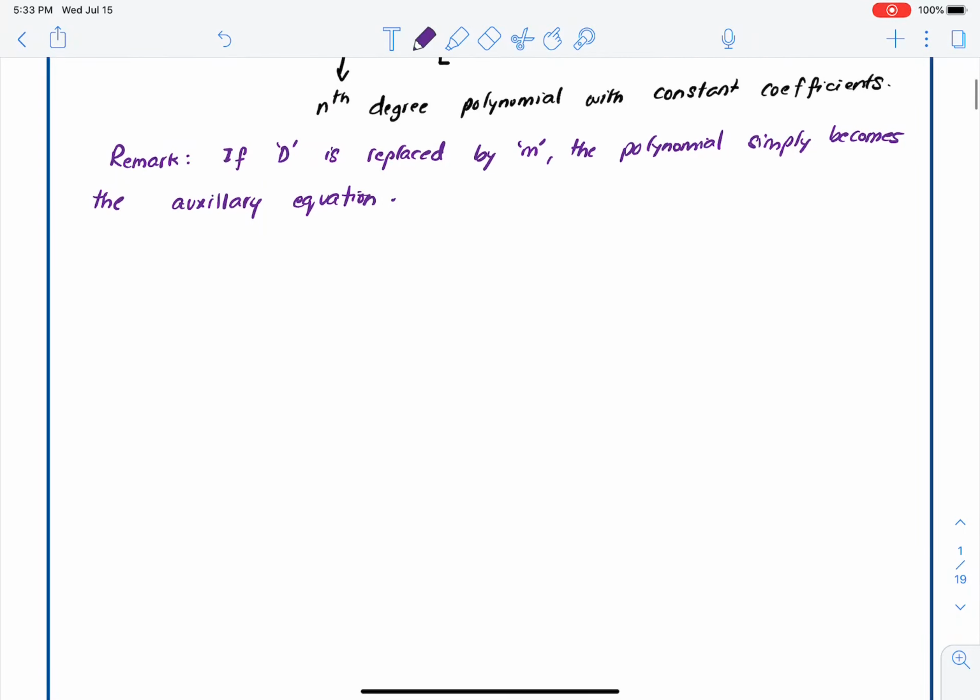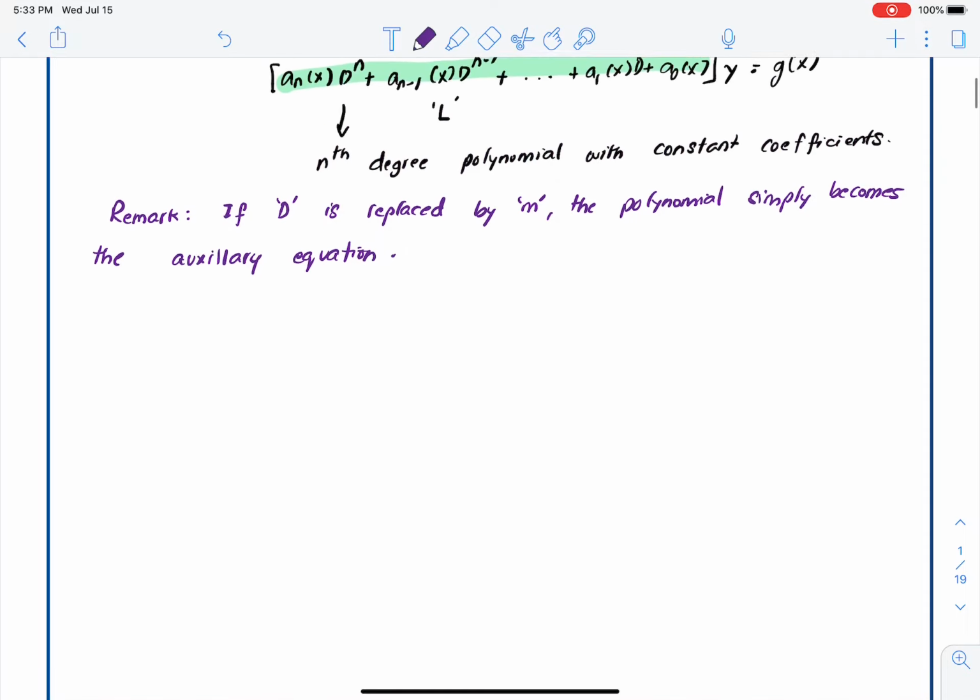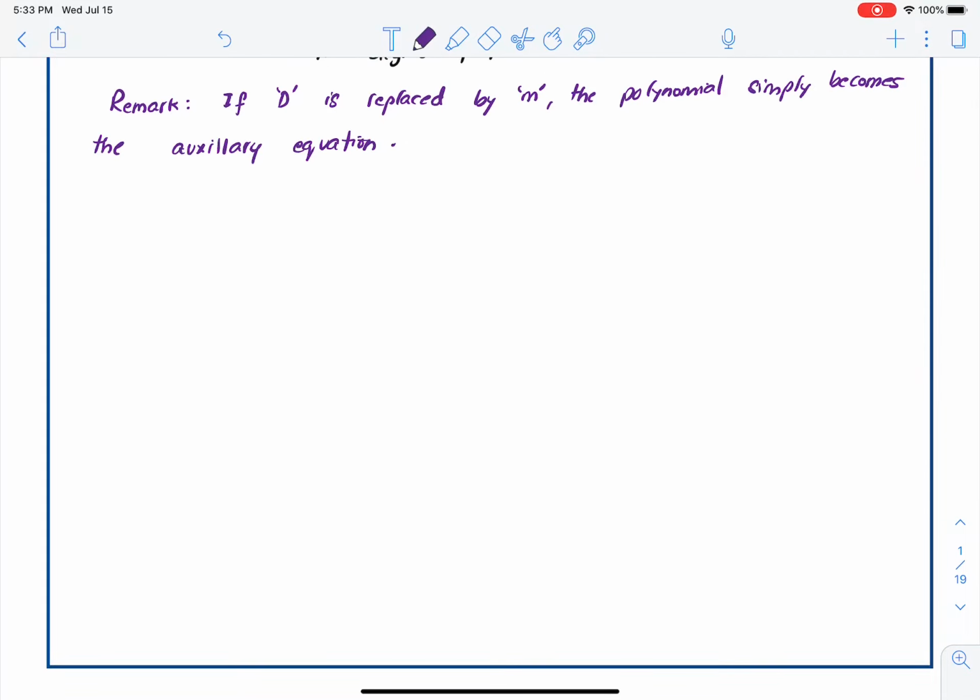And you may say, well, what is the purpose of the Annihilator Approach, and why do we even call it the Annihilator Approach? So the non-homogeneous DE can be rewritten L times y equals g of x. The first part, L, simply corresponds to the original DE.